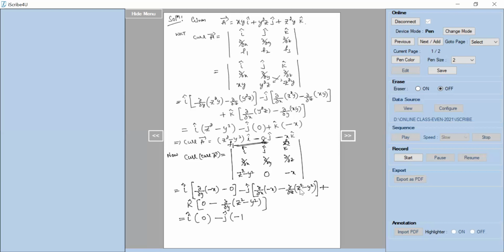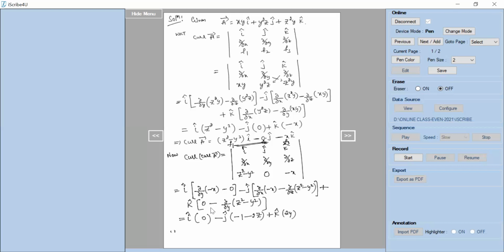And dou by dou z of this: differentiation of z square is 2z, and this term was 0, so it is minus 2z. Coming to the last term, with respect to y this term is 0, y square gives 2y with minus, so it is minus 2y. Minus into this minus, it is plus 2y. So it is plus k cap into 2y.